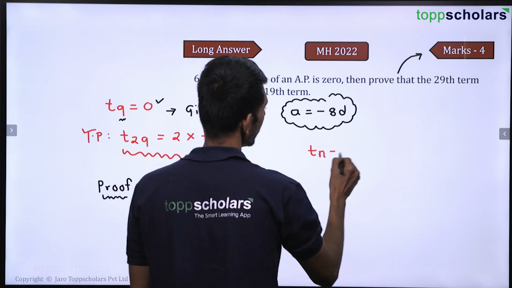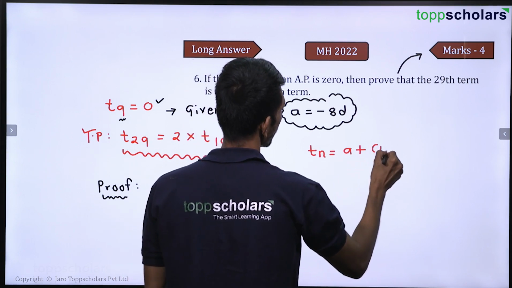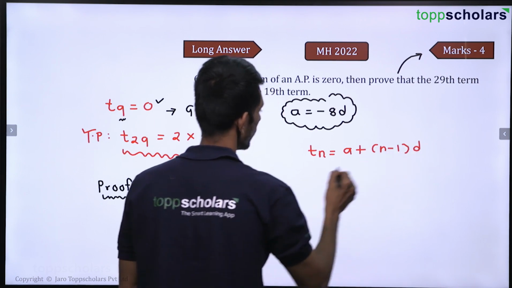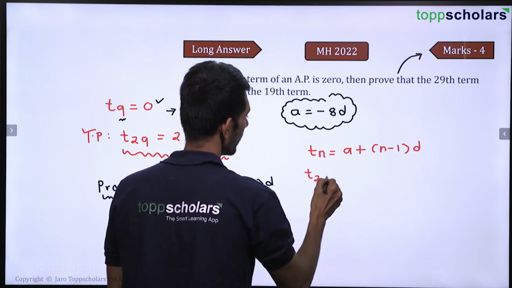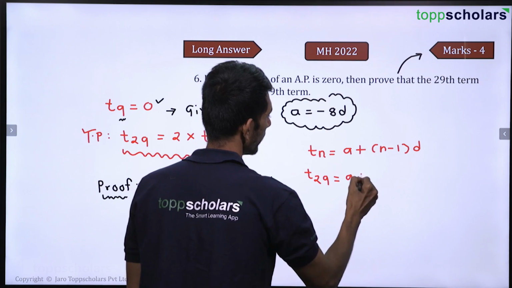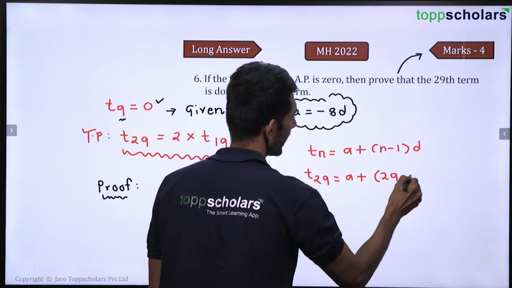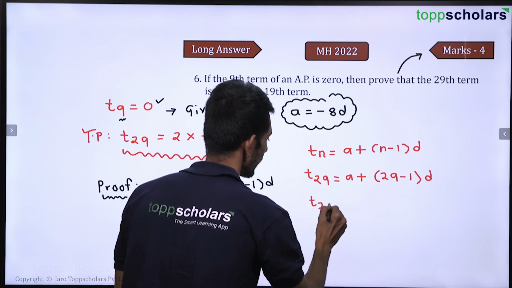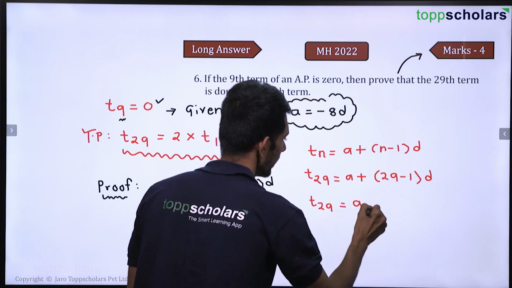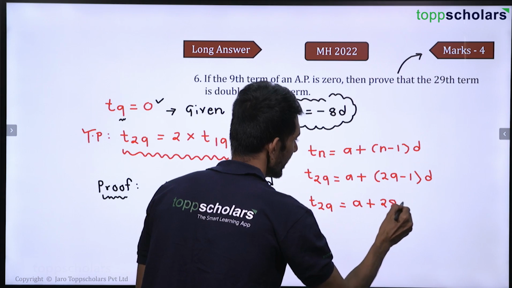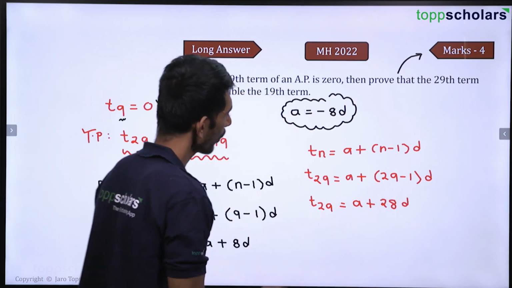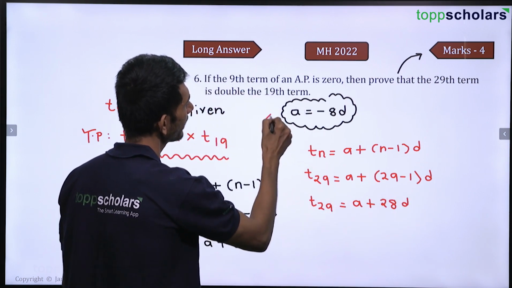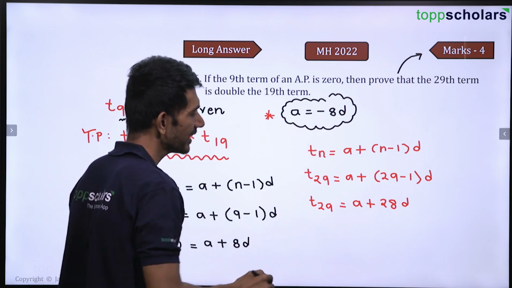What is Tn? We know that Tn is A plus n minus 1 into D. So what will be T29? A plus 29 minus 1 into D. So what will be T29? Basically A plus 28D. But what is A? A is minus 8D.